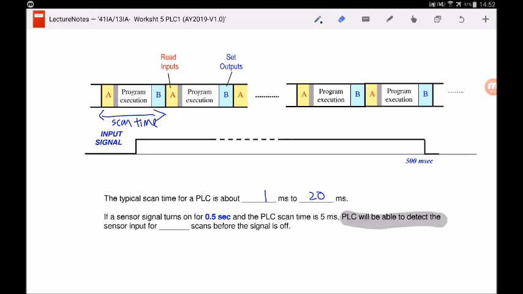The PLC will be able to detect the sensor input for how many scans? You know that the sensor signal turns on for 500 milliseconds, and the PLC scan time is 5 milliseconds, so can I say that you will be able to detect 100 scans?